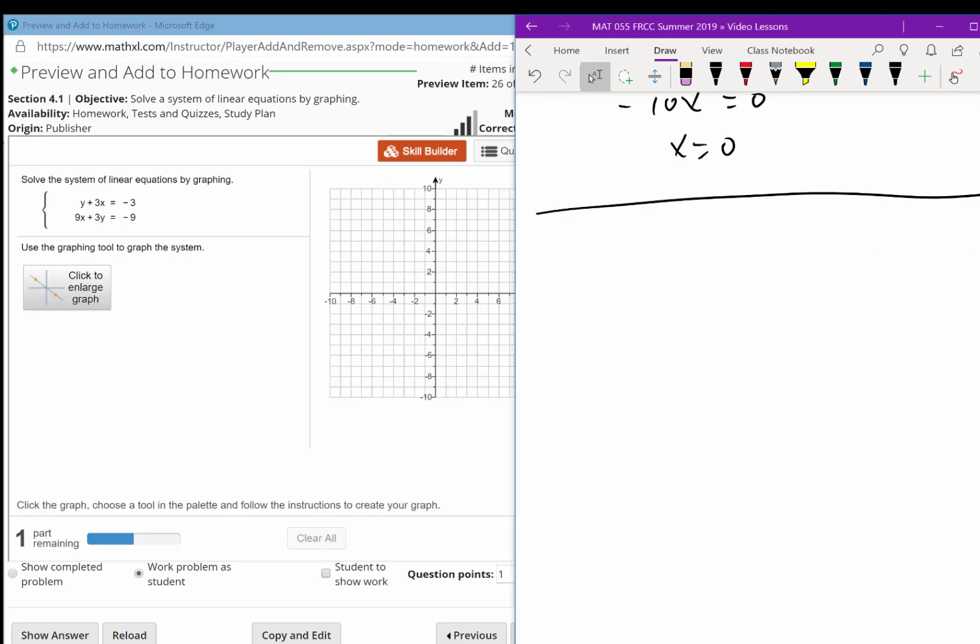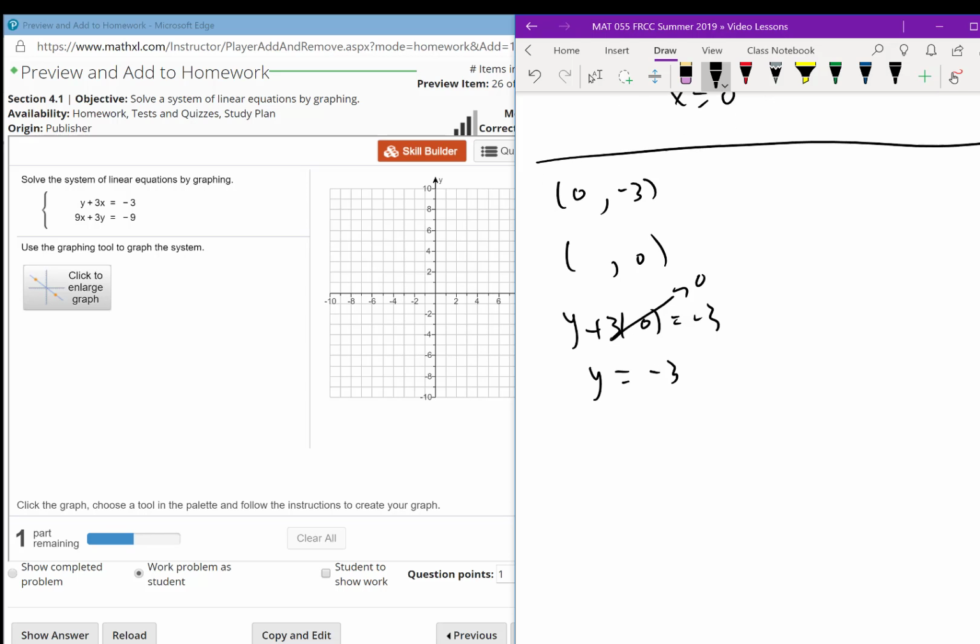Okay, so for this one, when we want to take a look at our x and y intercepts, notice that when I substitute x as 0, I get y plus 3 times 0 equals negative 3. So y equals negative 3 because this goes to 0. So I can put a negative 3 right here.